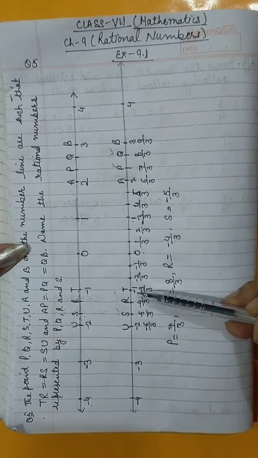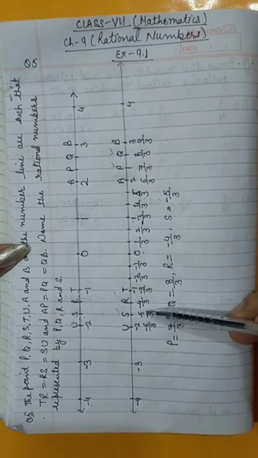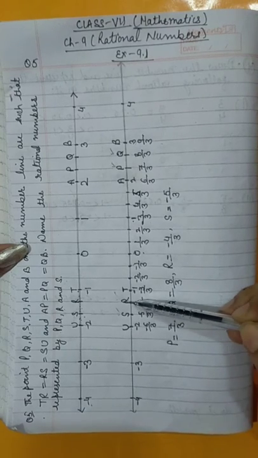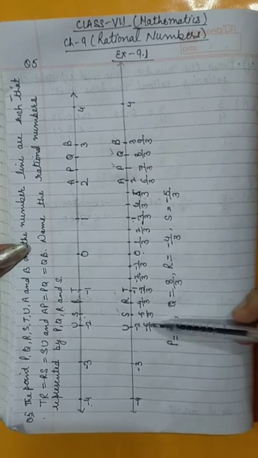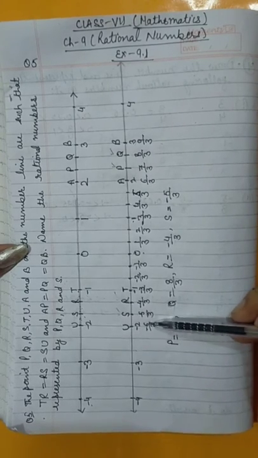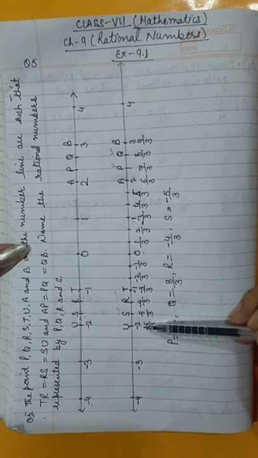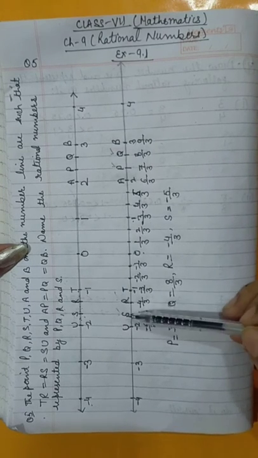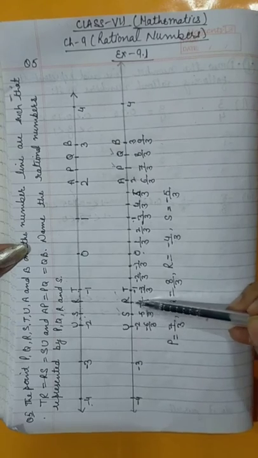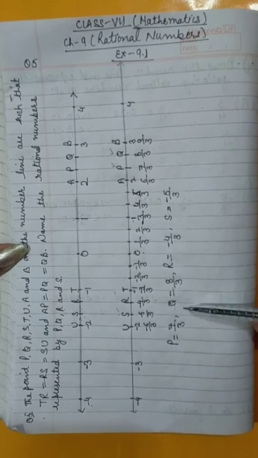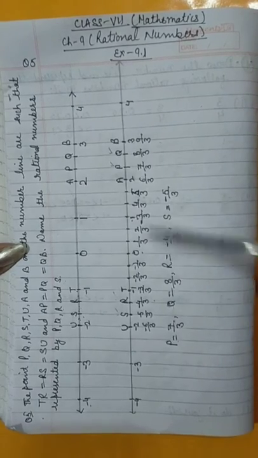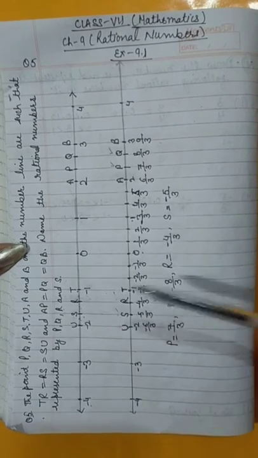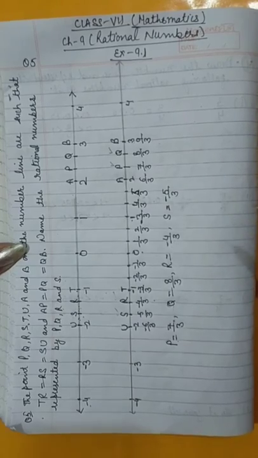Then after T we move to the next part, which is -4/3. So R is -4/3. Then S is -5/3 and U is -6/3, which simplifies to -2. It means the value of S is -5/3 and R is -4/3. In this way we represent these numbers on the number line and get the values of P, Q, R, S.